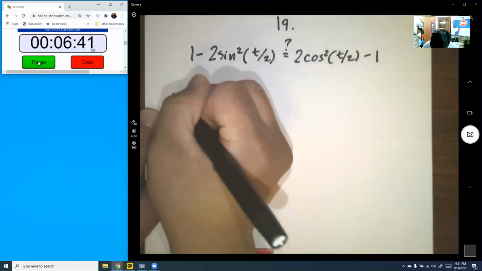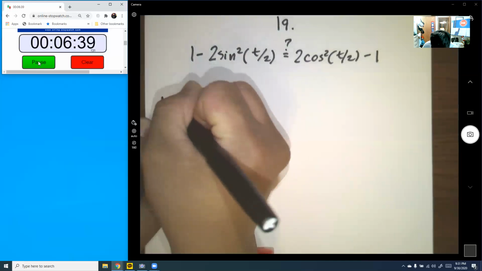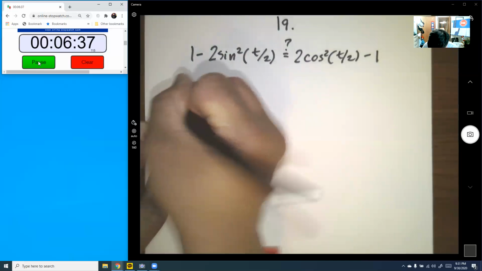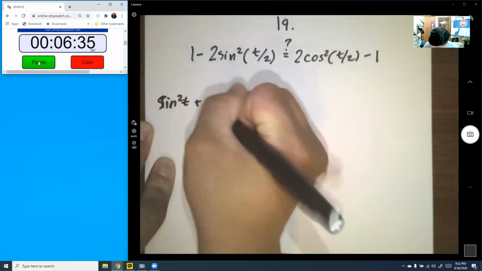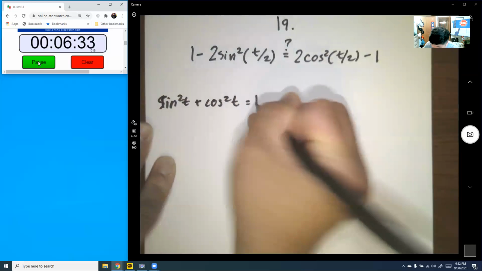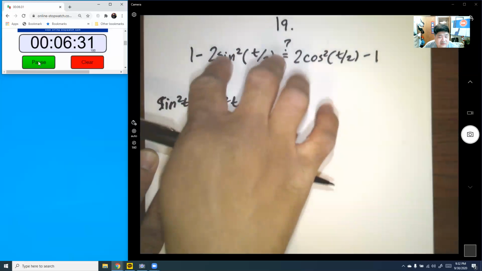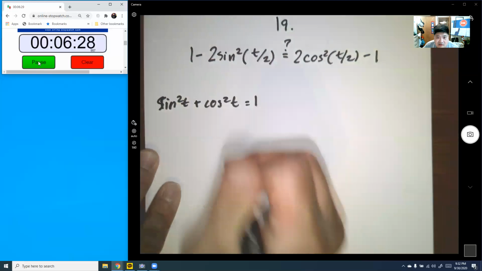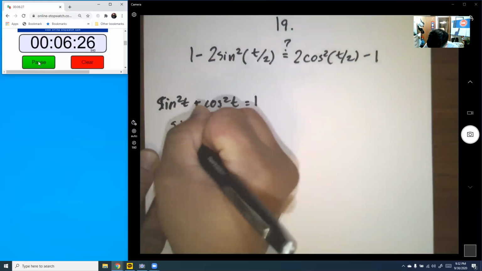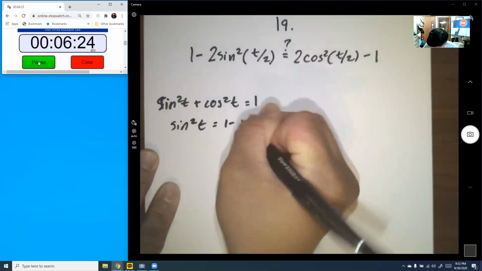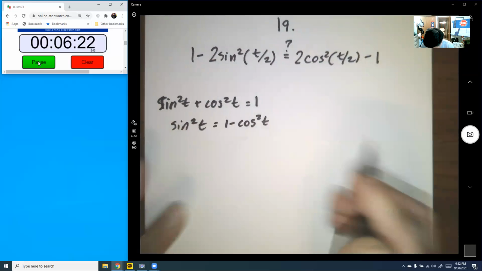Sine squared t plus cosine squared t is equal to 1. So if I want to substitute something for sine squared t, then I know sine squared t is 1 minus cosine squared t.